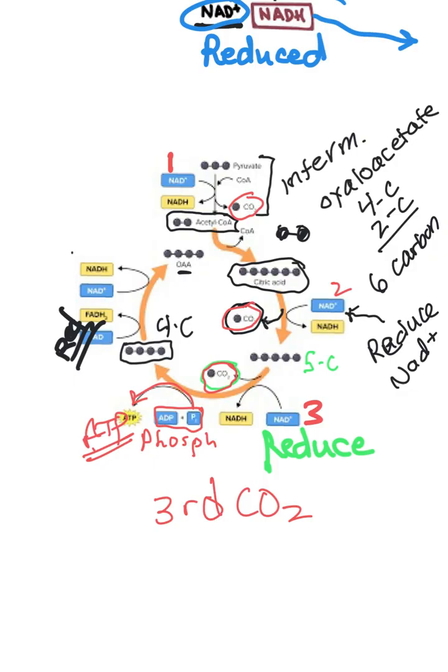Notice we reduce another NAD to NADH here. So all we're doing with this whole cycle is we are basically taking the electrons off of this carbon molecule. We're getting rid of some carbons through the process of making waste products of CO2. We have made an ATP down here at the bottom. It's kind of hard to read that.